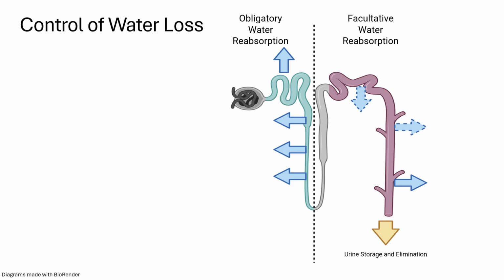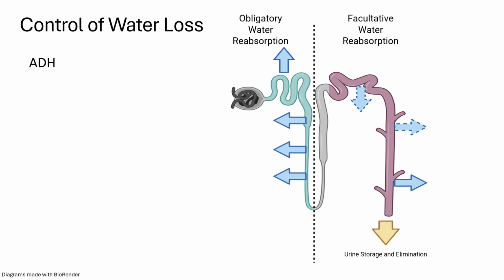The nephron employs two different methods of controlling water loss or reabsorbing water. Those are kind of opposites. Obligatory water reabsorption is the movement of water from the filtrate to the peritubular capillary or the vasa recta, and that movement happens in the proximal convoluted tubule or the descending nephron loop.